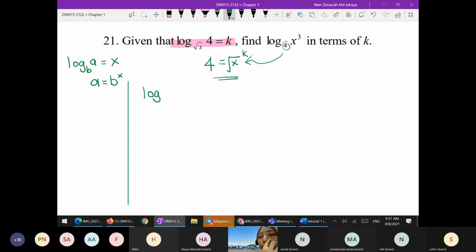Okey, selain daripada itu, kita juga boleh buat ini menggunakan properties apa? Okey, kenapa? Dia nak in terms of K, betul? Sedangkan dalam equation ini, ada tak K? Tak ada.